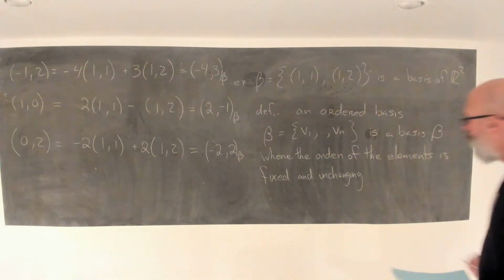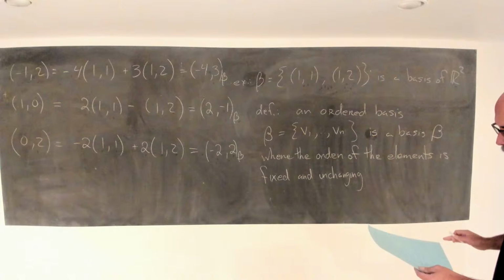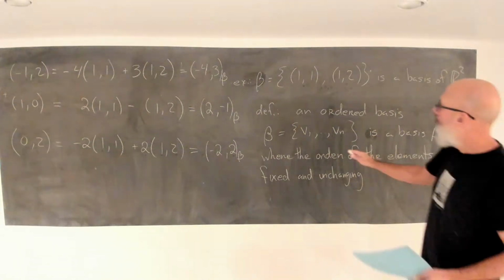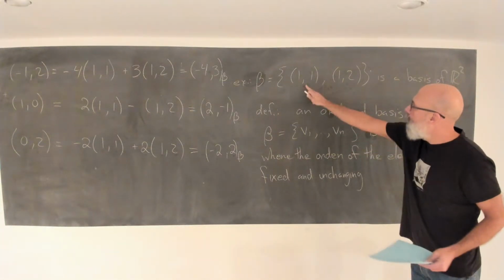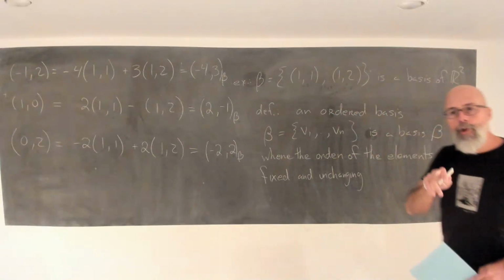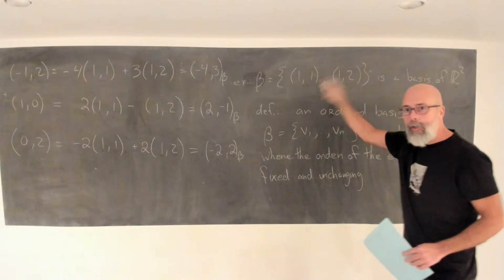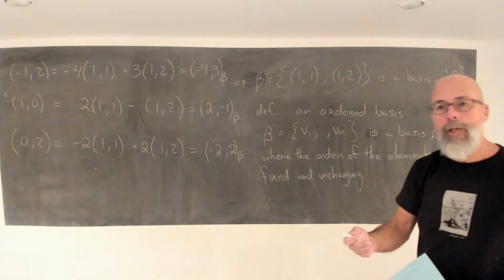In other words, this ordered basis, (1, 1), (1, 2), is not the same as the ordered basis where this one comes first and that one comes second, right? The order matters very much.